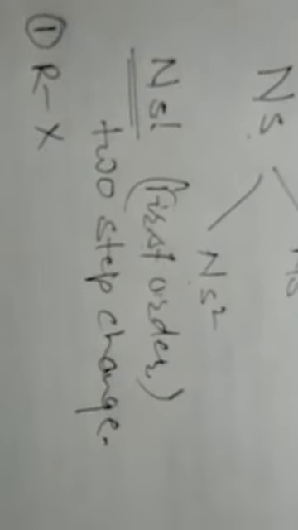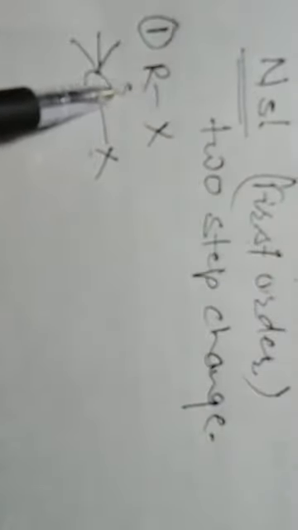So SN1 mechanism or SN1 substitutions are two-step changes. In the first step, formation of carbonium ion is taking place. So alkyl halide we can represent in this way.